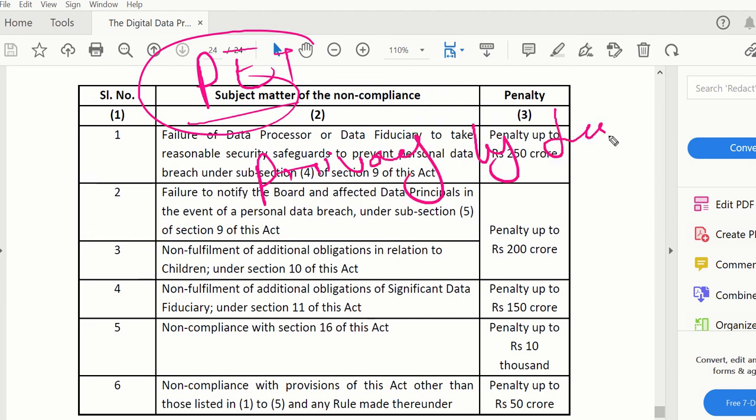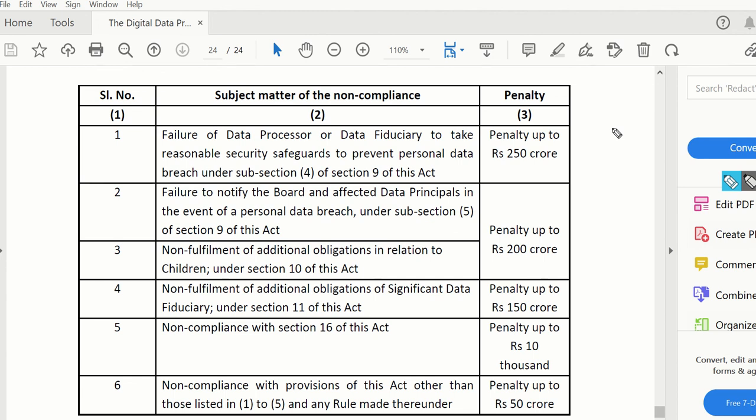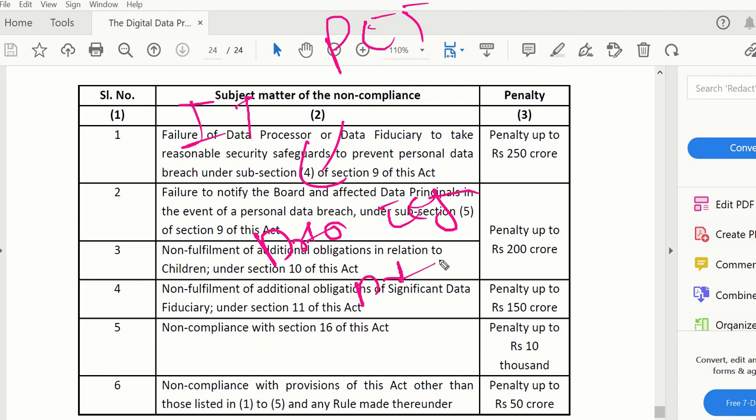You need to implement the controls related to privacy by design and privacy by default, because you need proper IT controls so that data is not leaked and is not shared without the proper consent of users. These proper IT controls are called PET: data encryption, data pseudonymization, data anonymization techniques, and a proper access control system, so that data cannot be accessed by multiple people. Only those who are authorized to use the data within your organization will be able to use it.